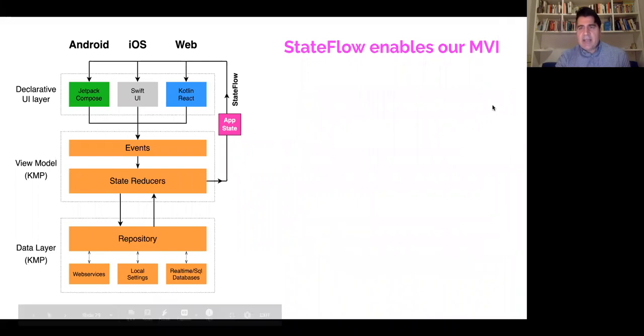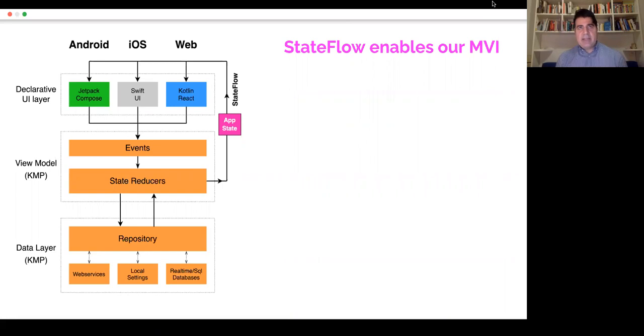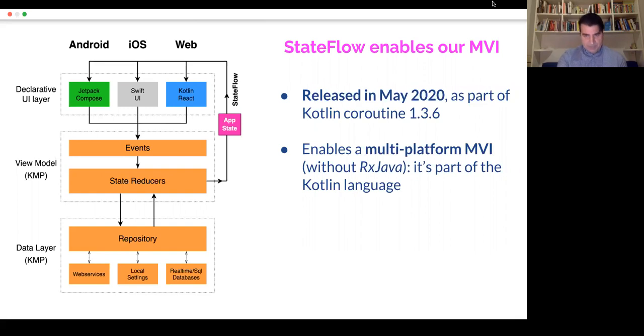In our case, this MVI pattern in the D-KMP architecture is implemented not via RxJava, but via something Kotlin specific, which is StateFlow. StateFlow is part of Kotlin Coroutines. It was released in May 2020 as part of Kotlin Coroutines 1.3.6.